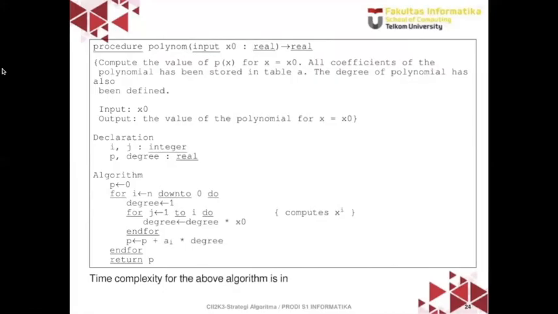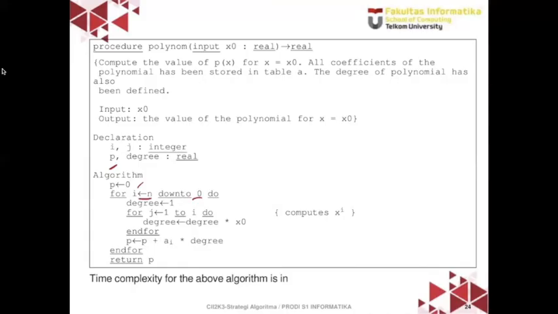So here we have p as the result, and the result is 0 at first because we don't have any addition yet. And then we do the multiplication from the highest degree first.